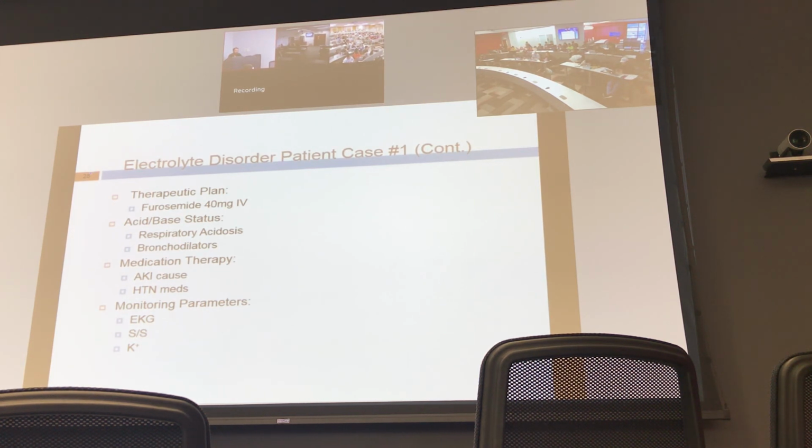If they're overweight, use adjusted. Overweight is defined as more than 30% of your ideal body weight. Adjusted is defined as a 25% adjusted body weight. And that should be on your slides too, if you didn't catch that. I hope.